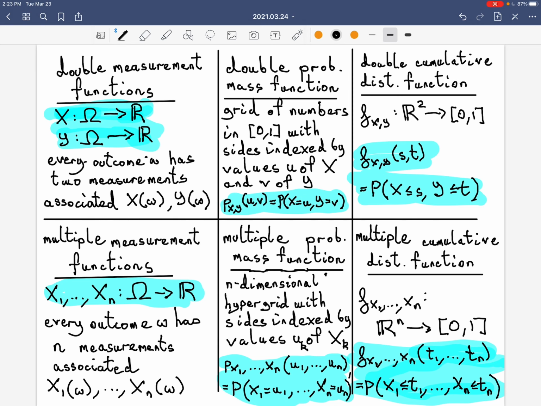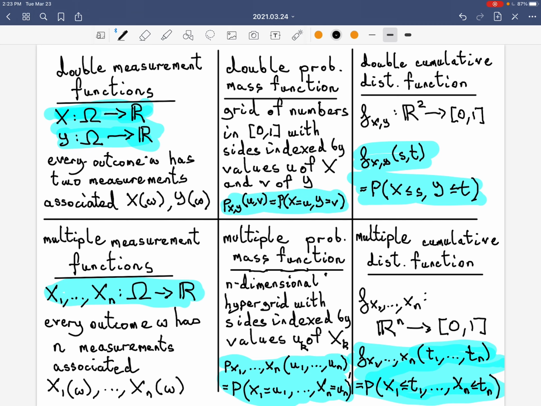Okay, and so the first step we want to take into mathematical analysis of double measurement functions is what we're going to call a double probability mass function. So a double probability mass function is a grid of numbers in the unit interval with sides indexed by values of x and the other side indexed by values of y.